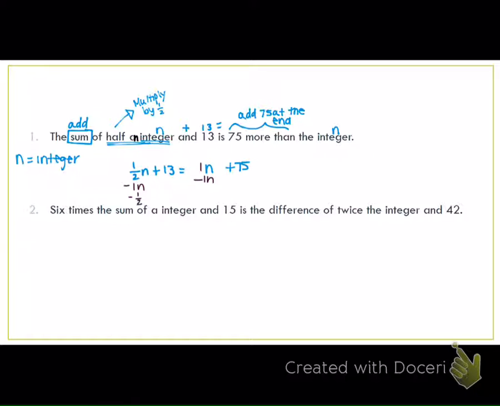So we have negative 1/2 n plus 13 equals 75. So I subtract 13 on both sides, and I get negative 1/2 n equals 62.